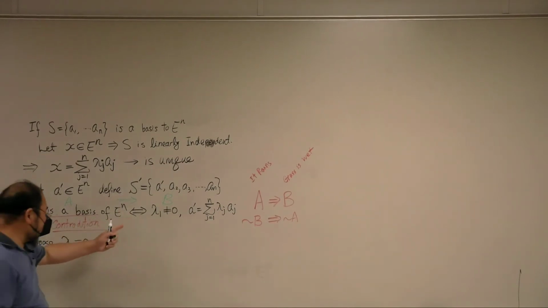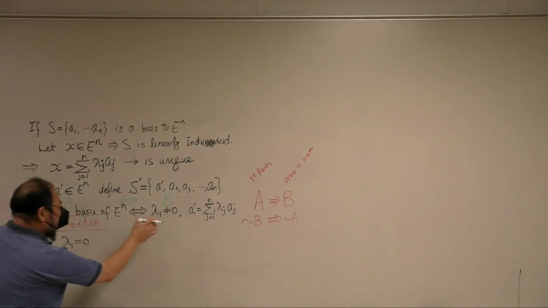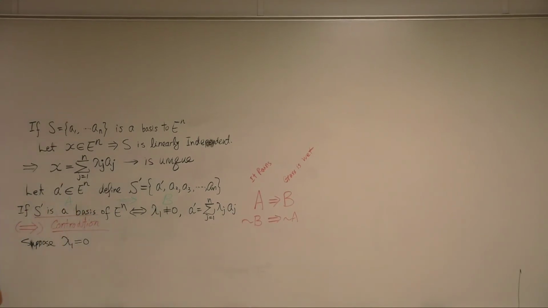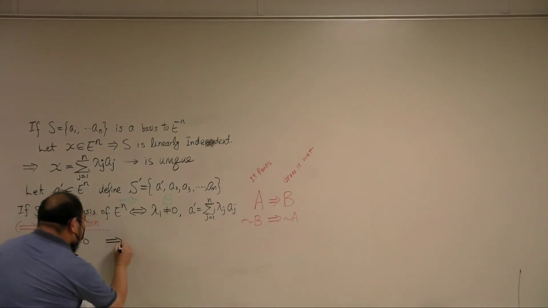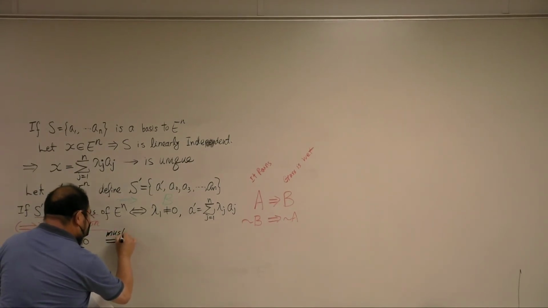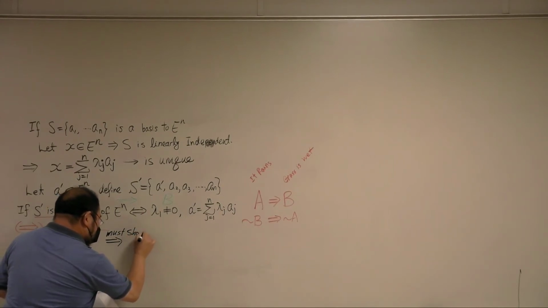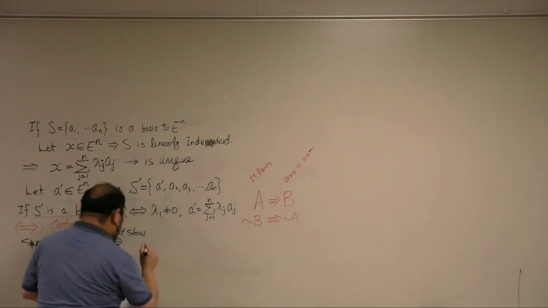So in order to prove by contradiction, I want to say negative B. If lambda 1 equals 0, here what I have is, we must show, must show, negative A.